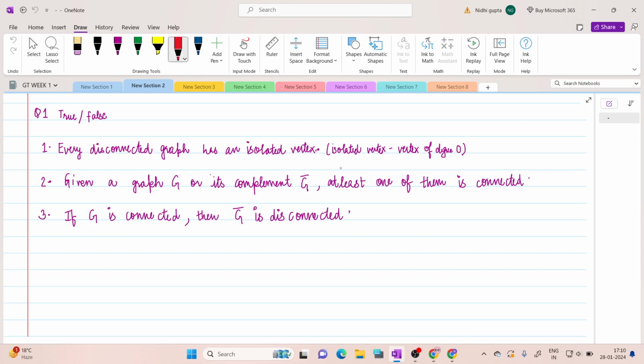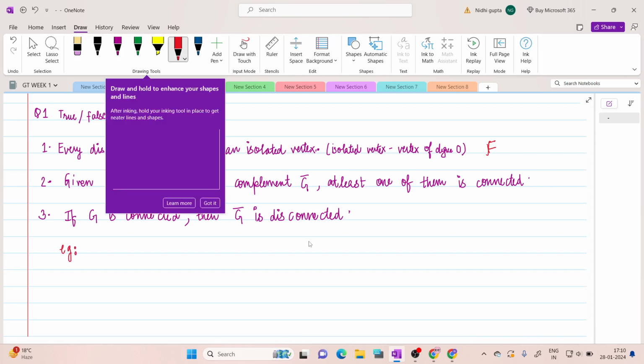False. Okay, if it is false, can you give me an example why it is false? Ma'am, take two triangles, connect them with one edge, and then if we cut that edge, it will be two isolated triangles. Yes, good.